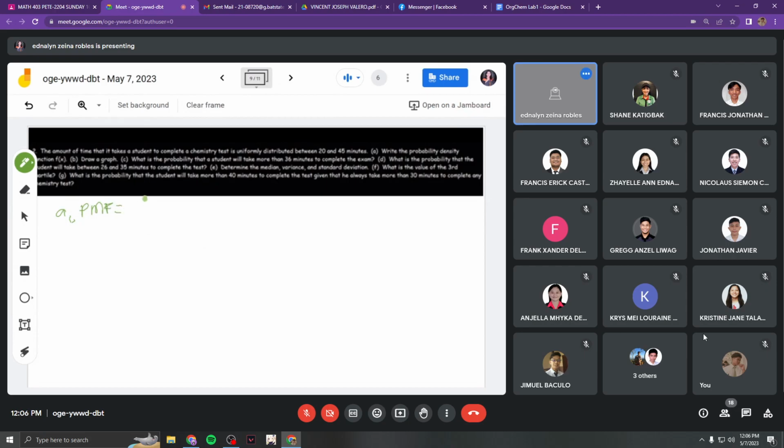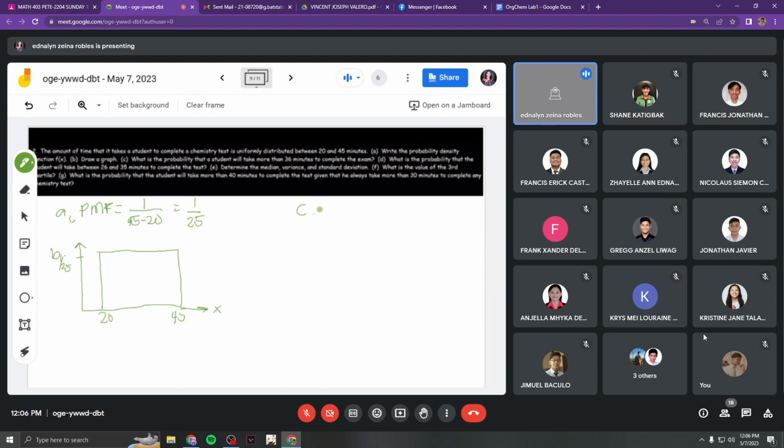So, tama. 1/(45 minus 20) equals 1/25. And for the graph, it is a uniform distribution. So x and our f of x is 1 over 25. And the graph shows that the range is from 20 to 45. So this is the graph for this problem.